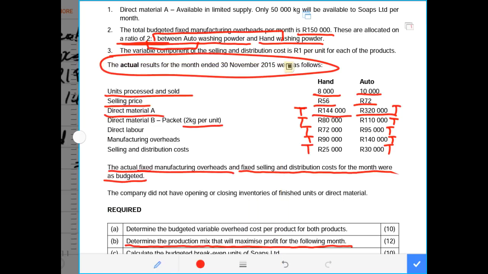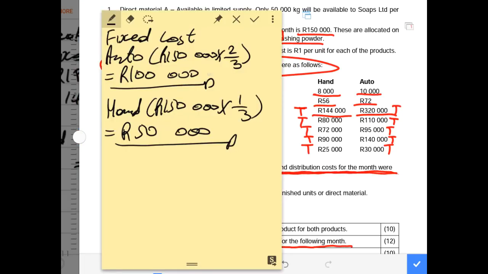Now, reading this sentence, it makes sense that the actual fixed manufacturing overheads and fixed selling and distribution costs for the month were as budgeted. Remember, they budgeted to incur fixed cost of 100,000 for auto and 50,000 for hand.